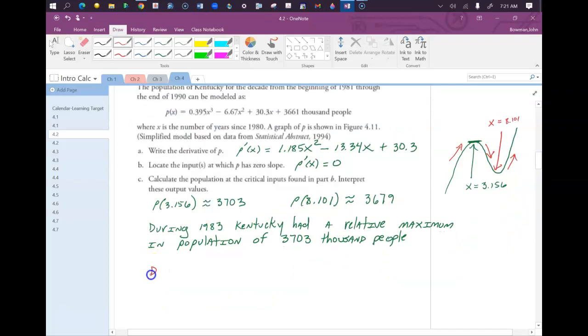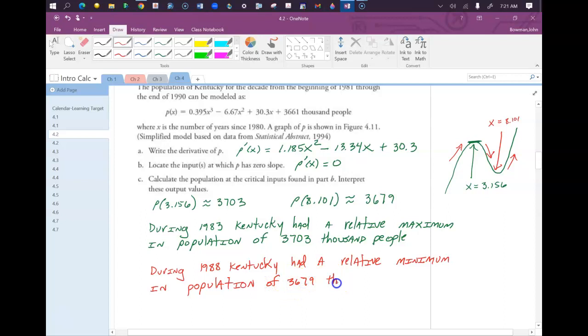So during 1988, Kentucky had a relative minimum in population of 3,679,000 people.